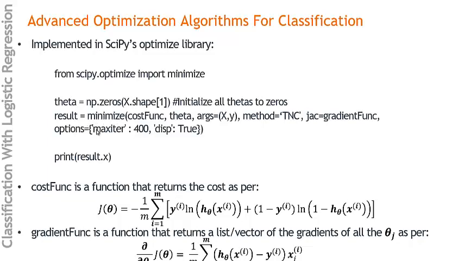Now these other options you can look up in the documentation to see what they mean. Disp=True just means it displays the progress as it's going along. And then here we have print result.x. Result will be an optimize result object. Result.x will be the actual parameter values for theta.